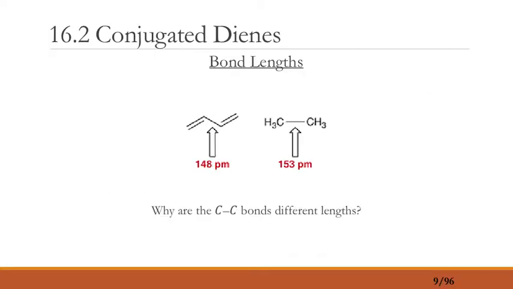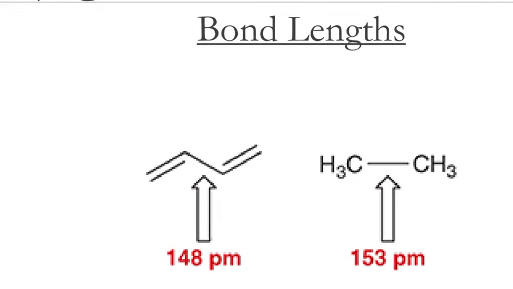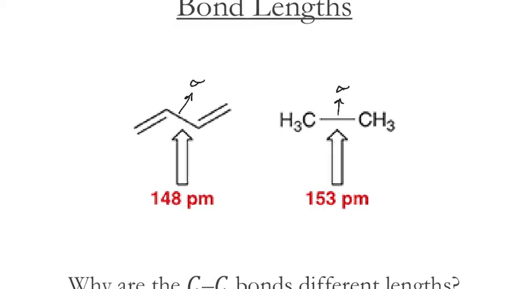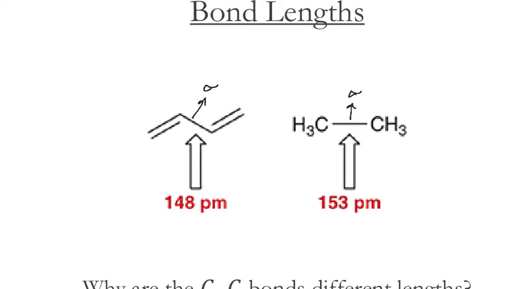You'll see that the bond length here, this is a sigma bond, and this is a sigma bond. They differ between the conjugated system and in just regular ethane. And the reason is that the carbons in 1,3-butadiene are each sp2 hybridized, while the carbons in ethane are sp3 hybridized.